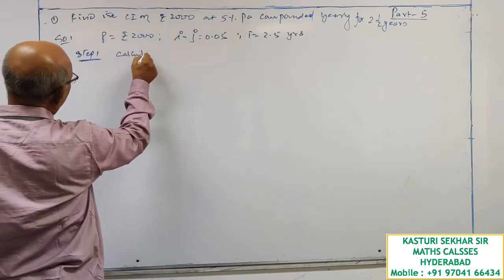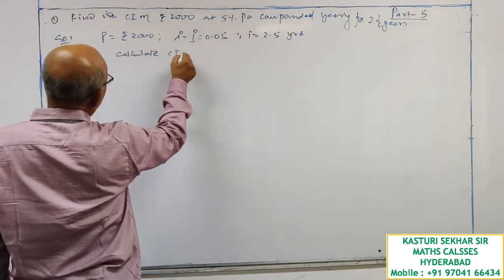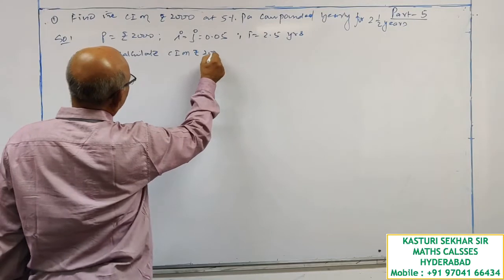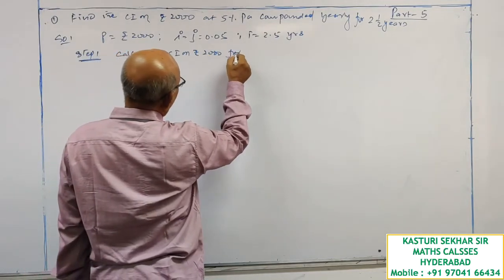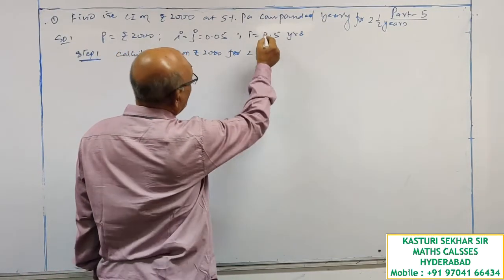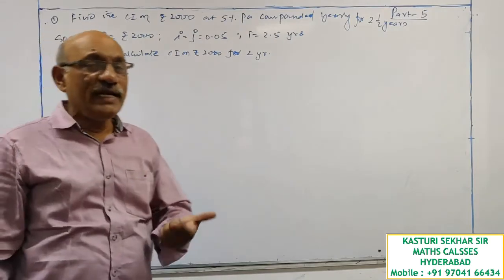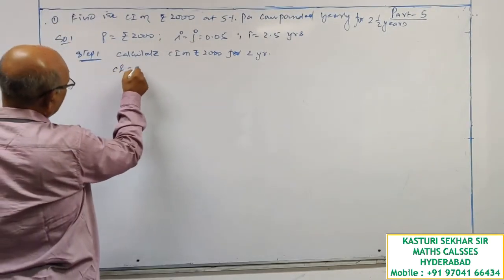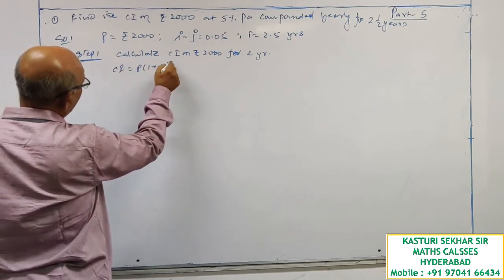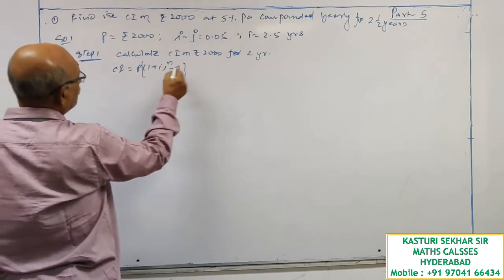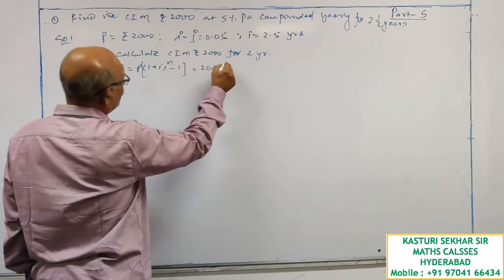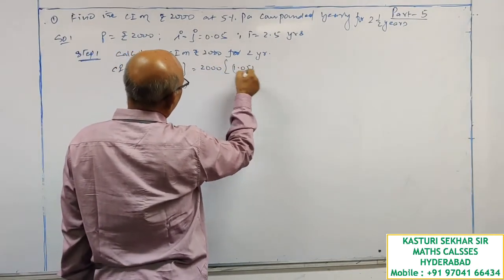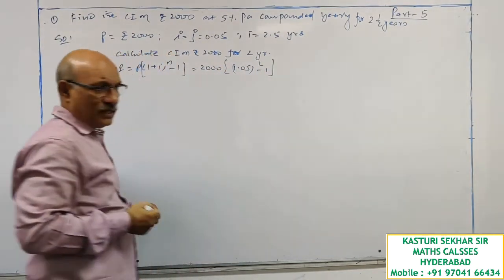Calculate compound interest on rupees 2000 for 2 years, the integral part of the 2.5 years, which I am separating. So compound interest is equal to principal into (1 plus I) whole power n minus 1. This is 2000 into (1.05 whole square minus 1).